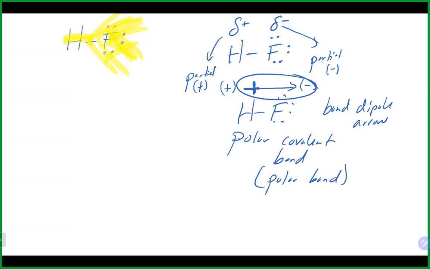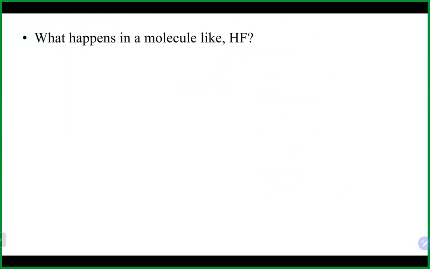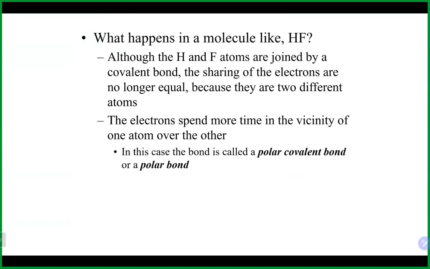So in a polar covalent bond, we have unequal sharing of electrons happening. And that unequal sharing of electrons is really driven by the difference in the electronegativity between the two elements that are in that bond. Any questions on that? Okay, so that's what we just talked about there.